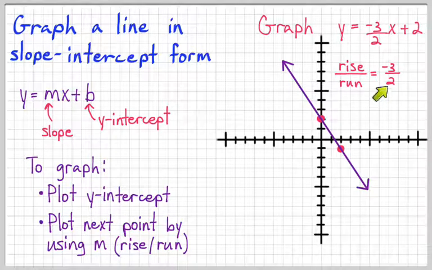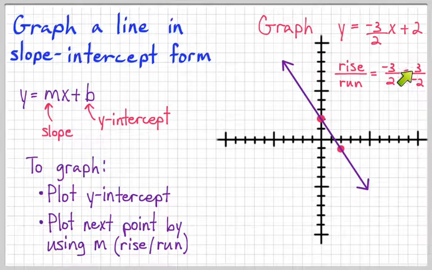Now, I want to point out to you that sometimes going whatever way the slope is telling you to go may not be convenient. Maybe your graph is not big enough, or you're going to run out of paper or room for some reason. So in that case, instead of going down and then right, I know that I could always also choose to attach the negative to the bottom number instead of the top number.